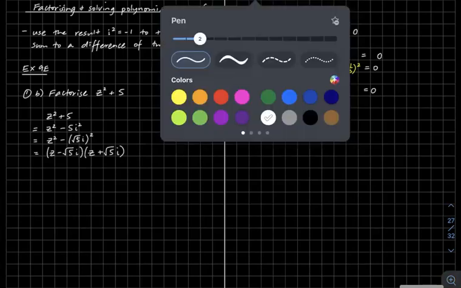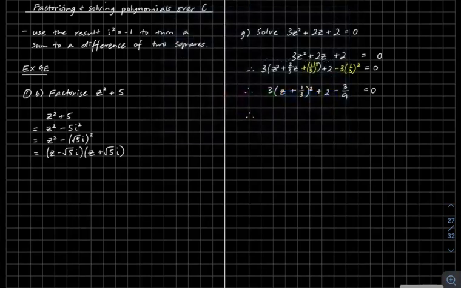Alright, let's continue to simplify this. So we're going to have 3 times z plus 1/3 squared, and I've got plus 2, which would be 18 over 9. 18 minus 3 is going to be 15 over 9. I could simplify 15 over 9, but I'll just leave that as is for the time being.